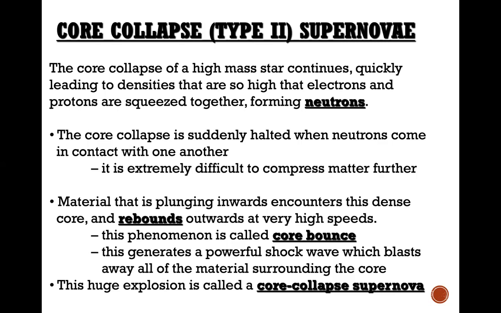This phenomenon has a specific name, core bounce, and it generates very powerful shock waves, which blast away all of the material surrounding the core. So this is a very, very violent process, and this huge explosion is what we call a core collapse supernova, or a type 2 supernova, right?